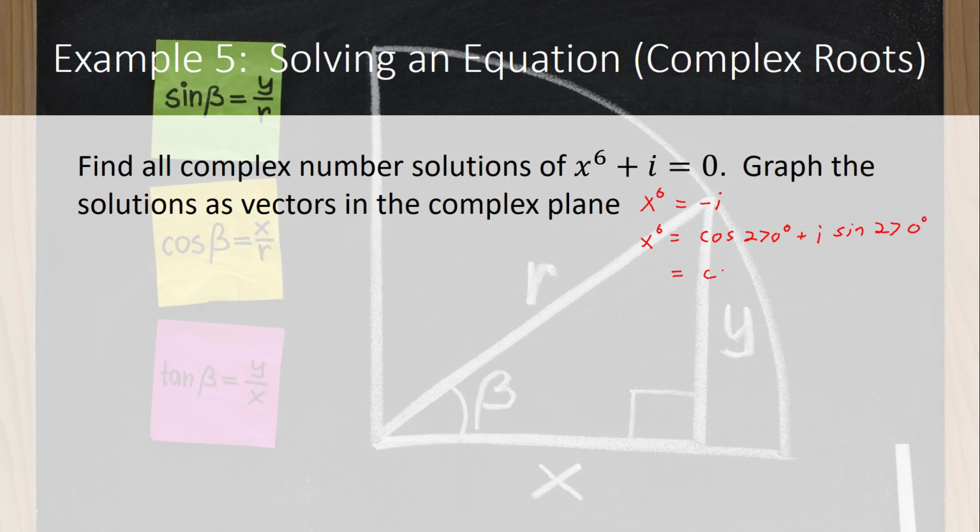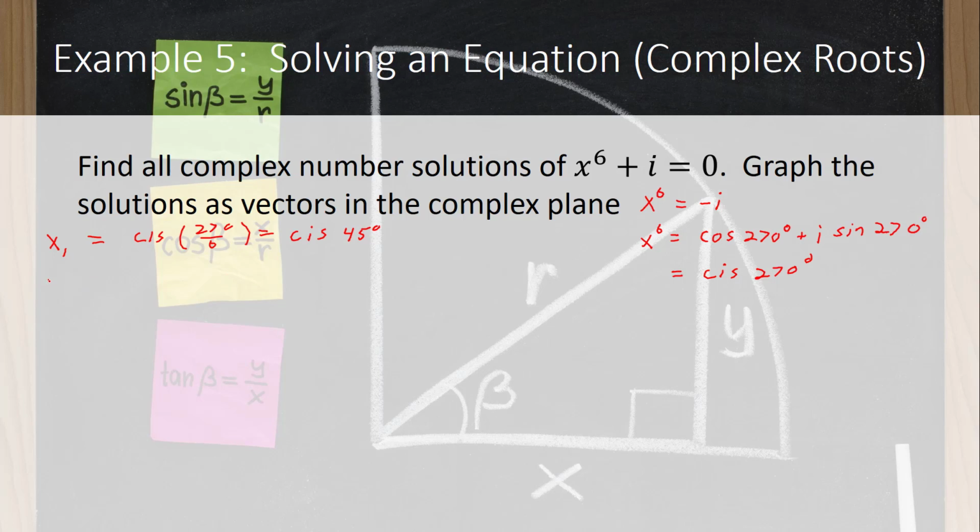This will be CIS 270. And then the 6 solutions will be this. First one will be x1, which will be CIS of 270 divided by 6, which will be CIS 45 degrees.